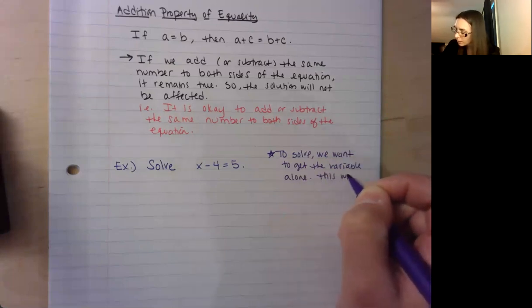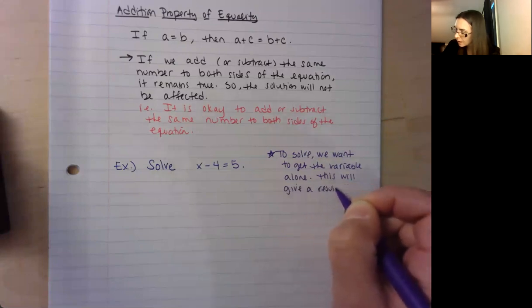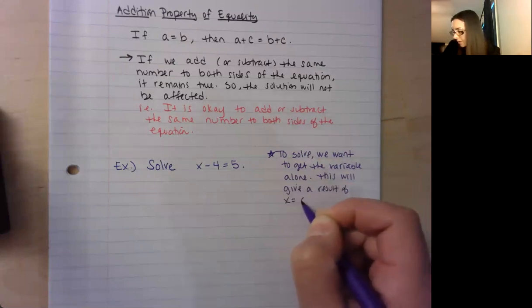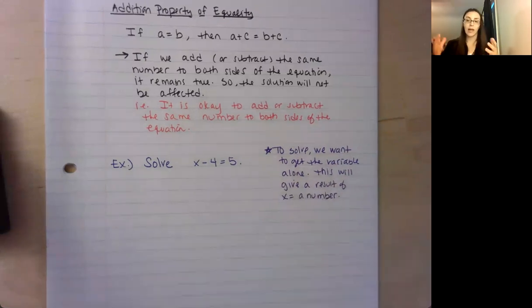This will give a result then of x equals a number, for instance. Our goal is to get that variable by itself so that we actually can find our solution. So x will equal the number, and that will be our solution.